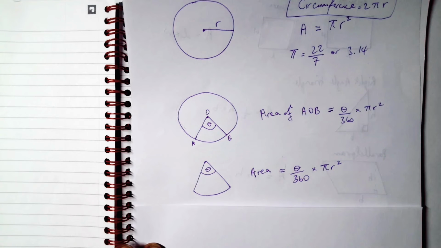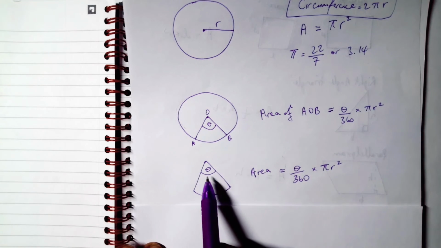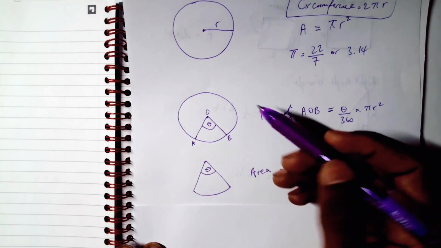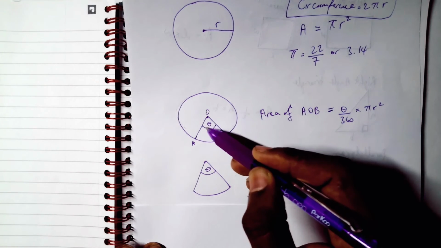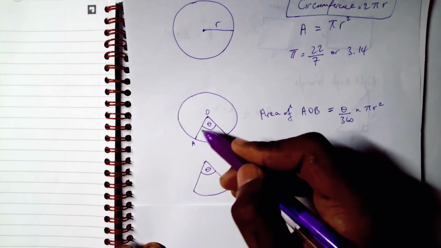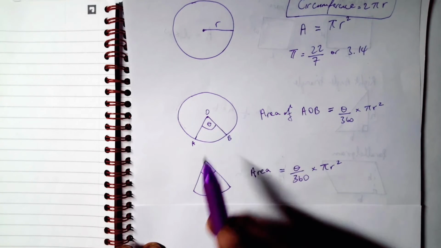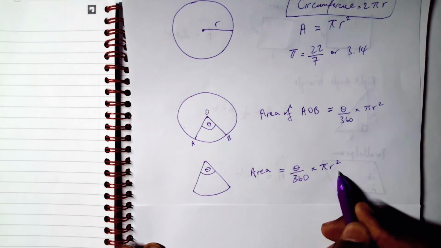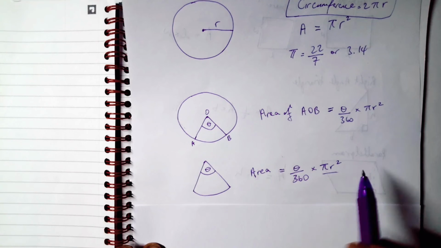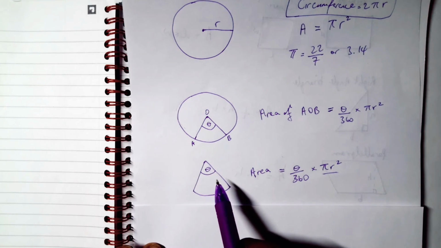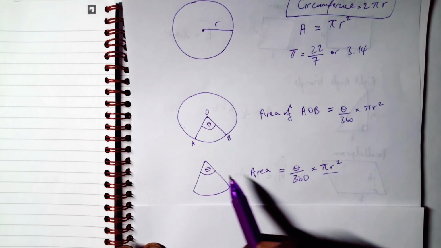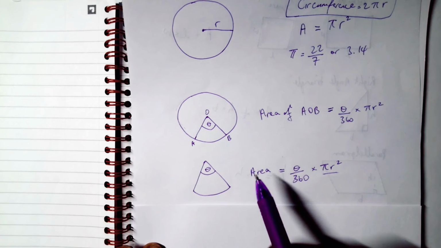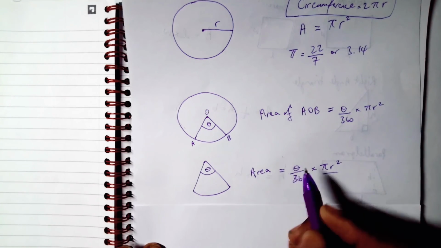And when you are asked to find the area of a slice of pizza, you need the angle between the two radiuses, or radii. You need the angle between the radii, which is this line and this line. Once we have the angle, that's it. We just find the regular area, multiplied by the fraction of the whole the slice takes up. To know the fraction of the whole the slice takes up, it's the angle given here over 360.